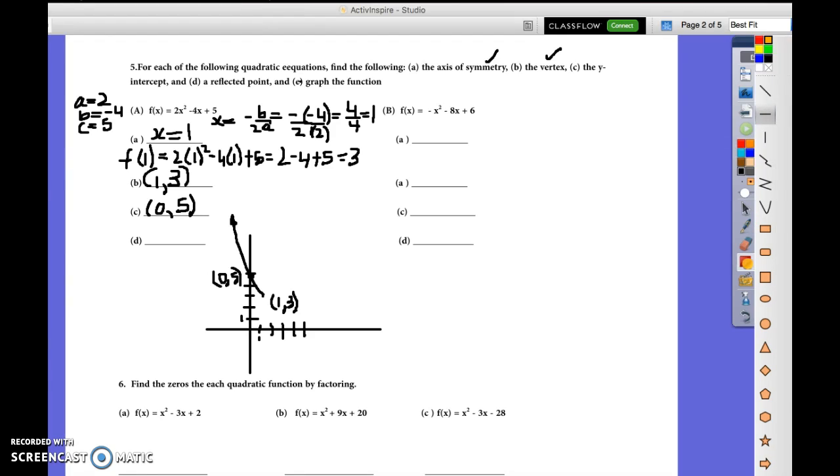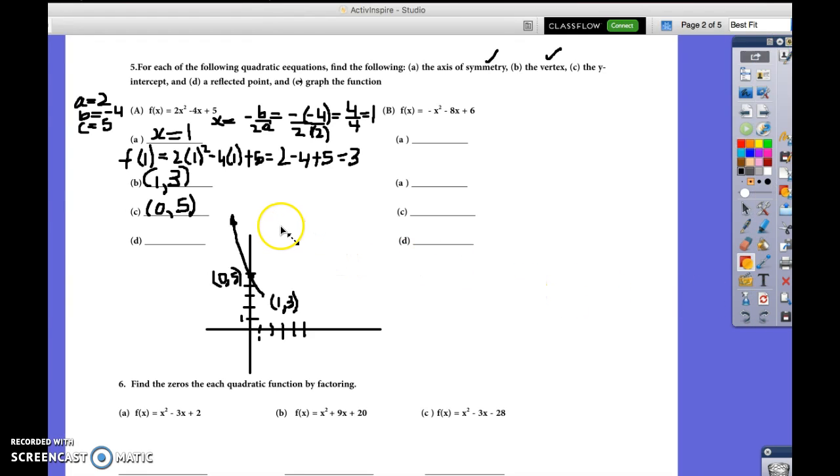Yeah, maybe right here. Axis of symmetry right here. X equals 1 everywhere here. So this is the axis of symmetry, this dashed line.